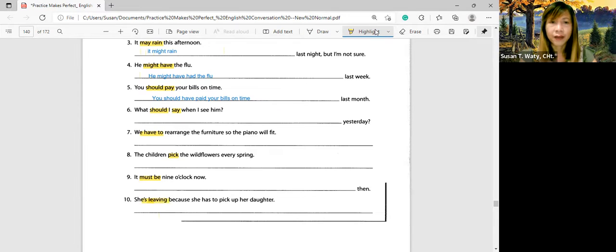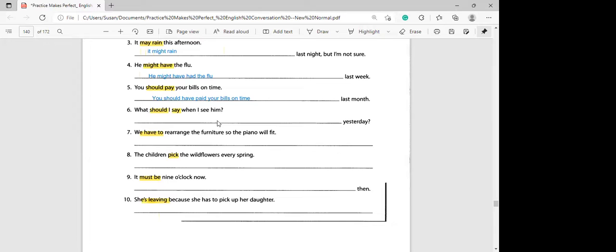Okay, let's continue now. Number 6: What should I say when I see him? Yesterday. Let's have Miss Lily try number 6. What should I say when I see him?